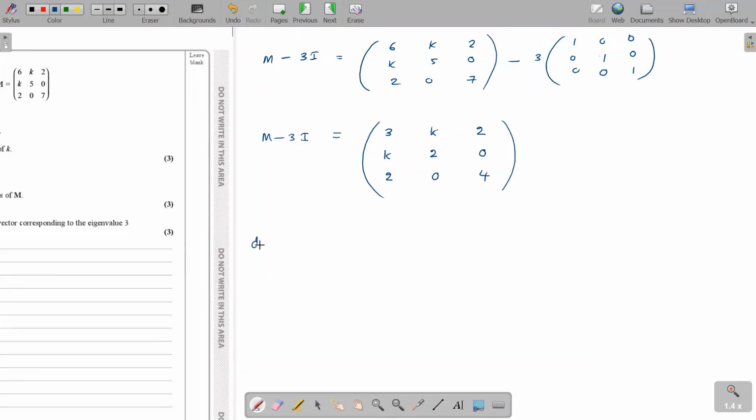And then what do we do? If it's an eigenvalue, then the determinant of M minus 3I should be equal to 0. Can you all get the determinant of this matrix? Use plus minus plus. Let's quickly get the determinant.